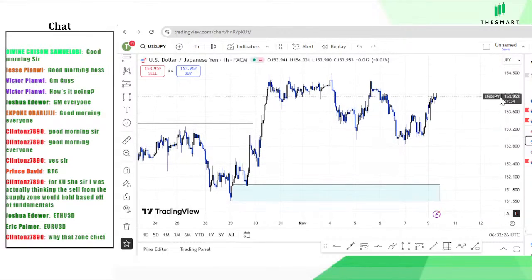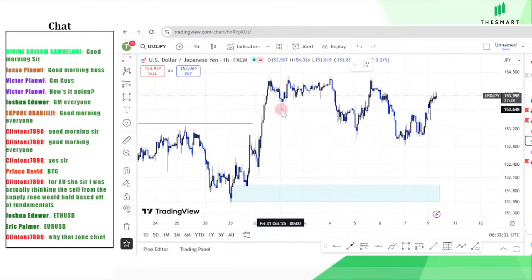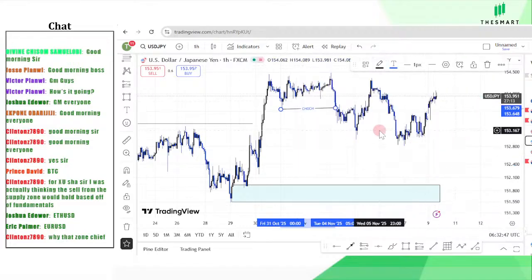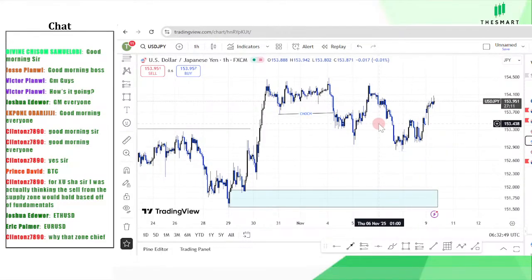Looking at the 1 hour, the internal price action here, we had a change of character. We have this change of character on 1 hour, followed by this break of structure.